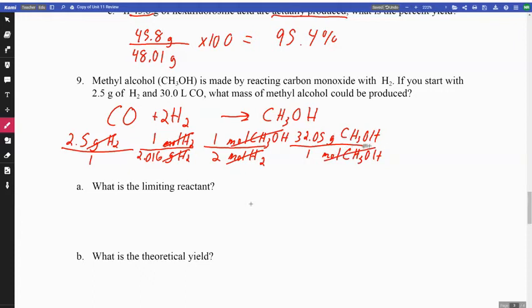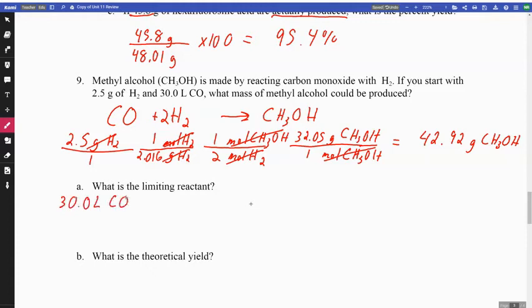So now we just do our math. And that turns out to be 42.92 grams CH3OH. Okay, so now I'll just do it down here. All right, so our next one is 30.0 liters of CO.